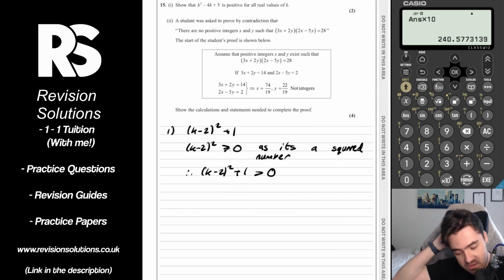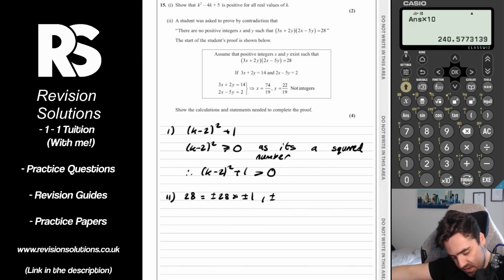But what he's failed to do is consider all the possible options. So to complete the proof, we need to actually think about all the possible combinations of the pairs of factors of 28. So if we start thinking like that, well, 28 could be plus or minus 28 times plus or minus 1.